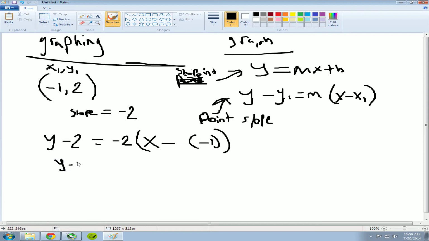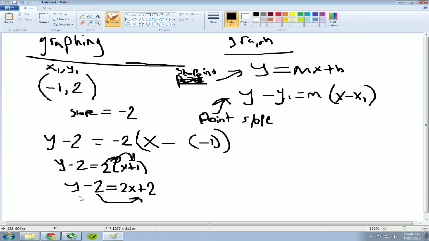So you get y minus 2 equals -2 times (x plus 1), and we shall distribute. So we distribute the -2 to each term, so you get y minus 2 equals -2x minus 2, and you get y by itself. You add 2 on both sides, these cancel, and you get y equals -2x plus 0, and this is your equation.